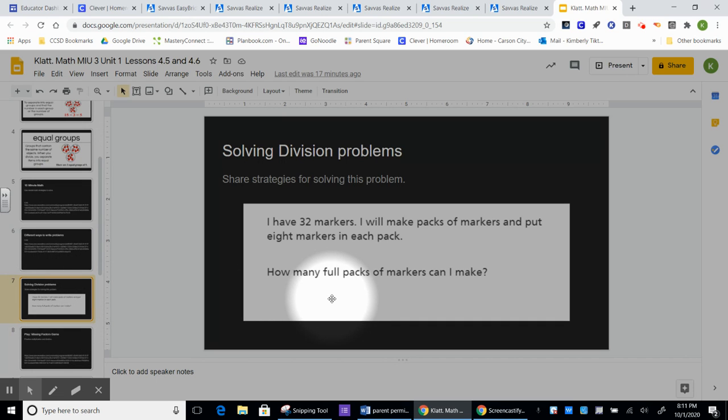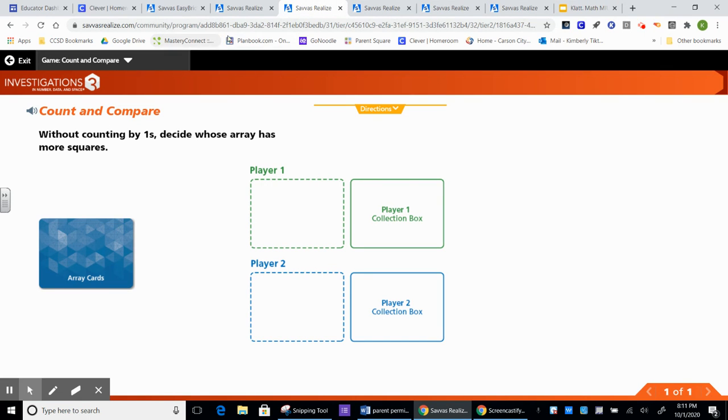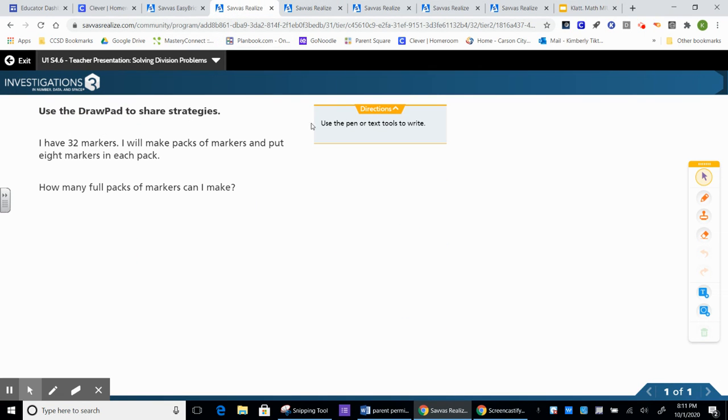Another thing we can do is solve division problems and try a different strategy. So let's go over here. I have 32 markers. I will make packs of markers and put 8 markers in each pack. How many full packs of markers can I make? So again, think about what you know and what strategy could you use to solve this?